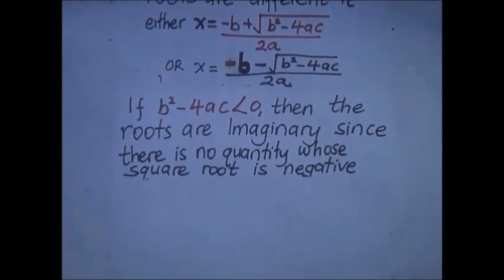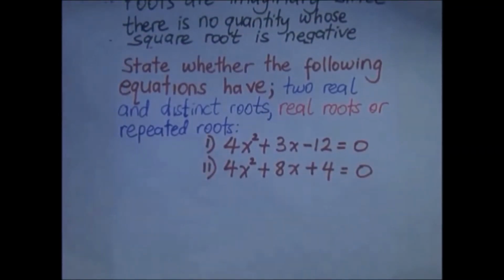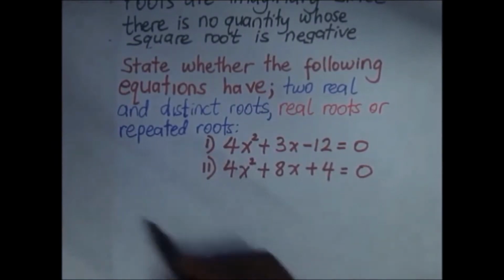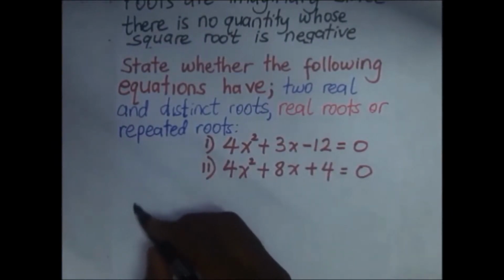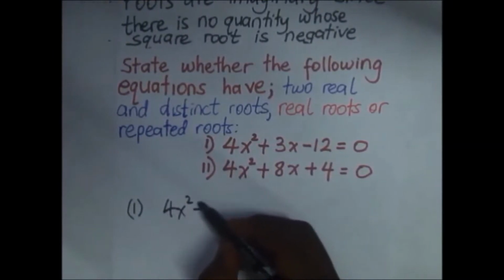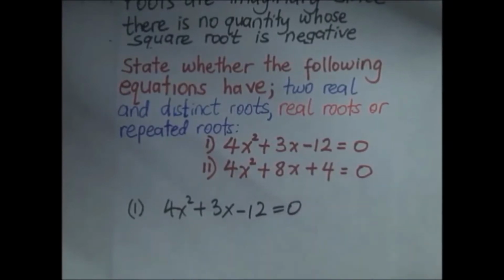So let's explore some examples here, some illustrations here. State whether the following equations have two real and distinct roots, real roots or repeated roots. Let's look at Roman 1 here. Roman 1 is 4x squared plus 3x minus 12 is equal to 0.